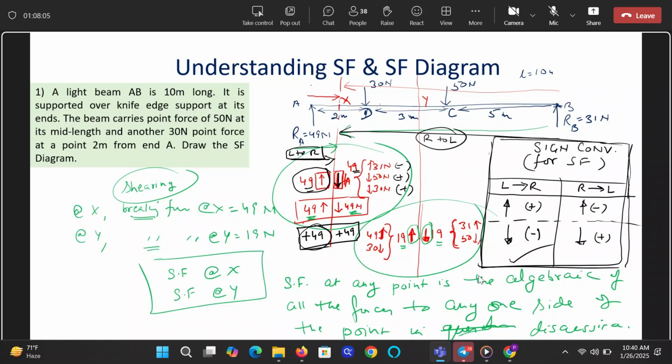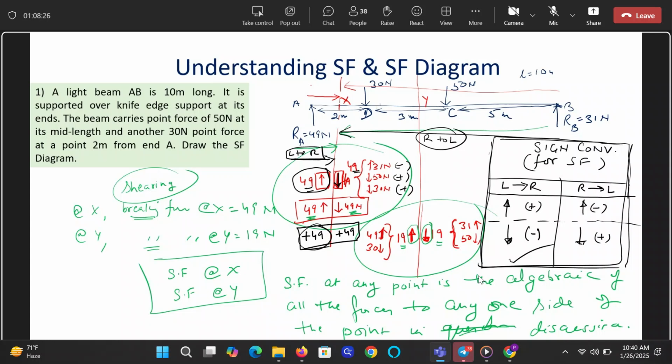Okay. Now, what will we basically do? We will learn to draw the SF diagram. Guys, when you learned to draw the GZ curve, what did you do?